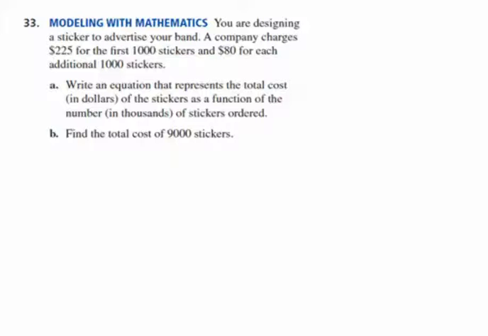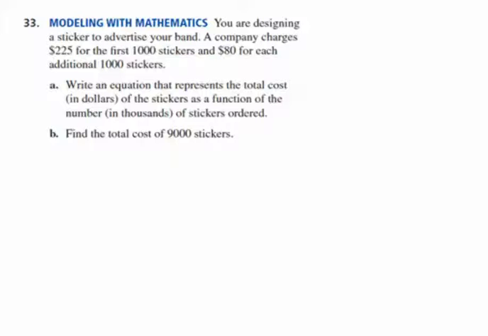But in this case, part of the initial fee is going to include 1,000 stickers. And then we're going to pay an additional amount, a much smaller amount for each additional 1,000 stickers that we use.